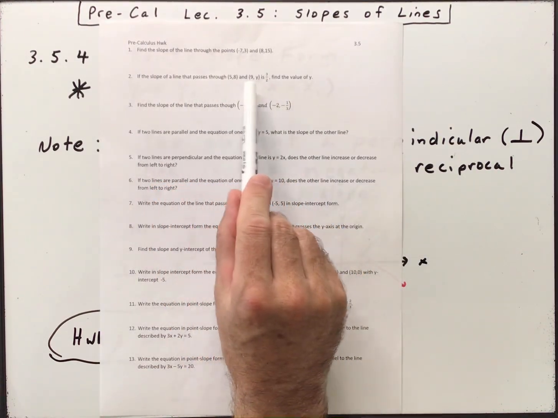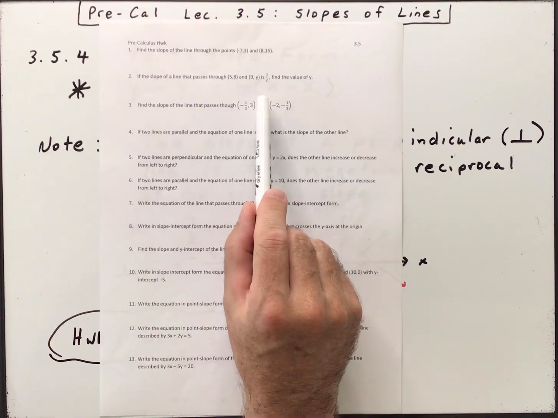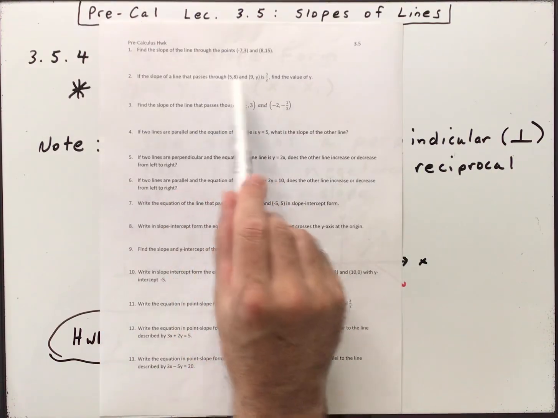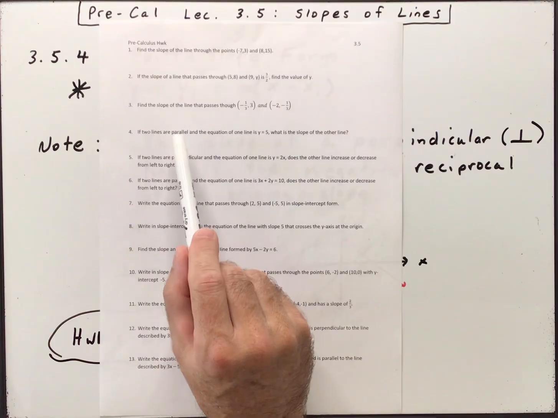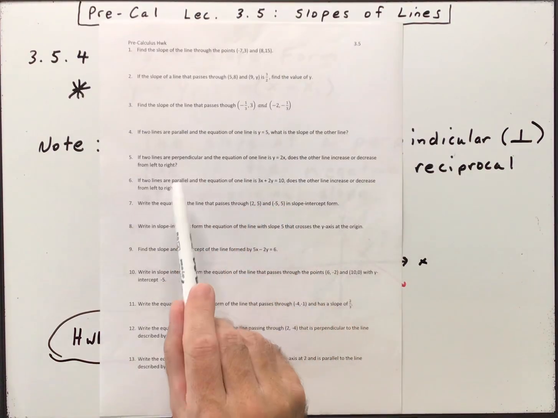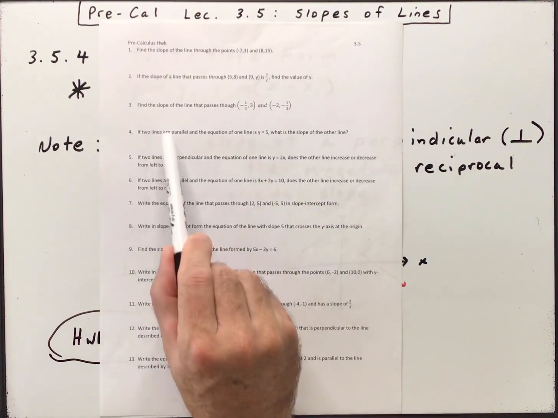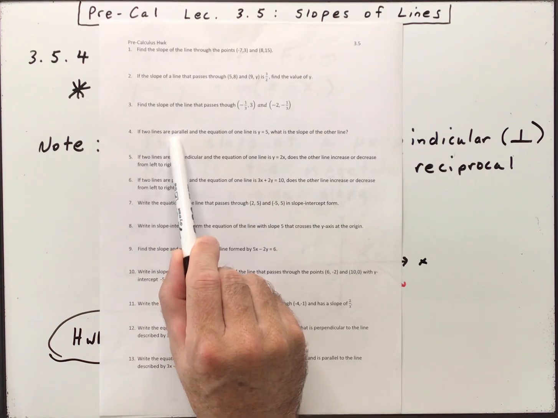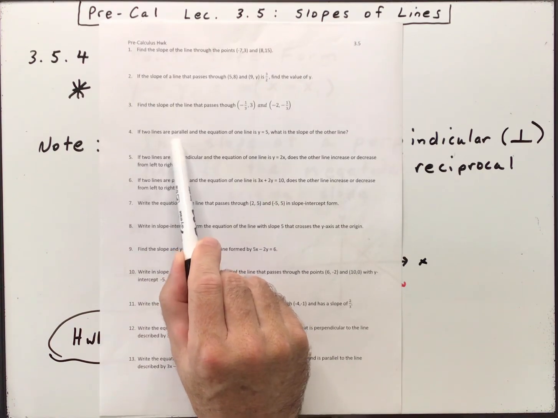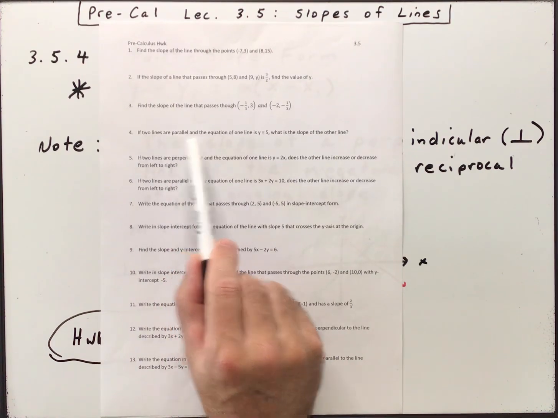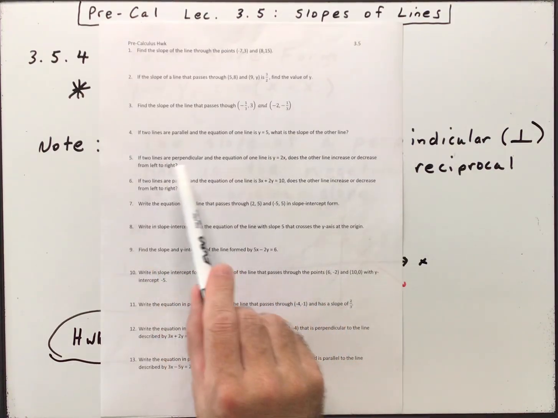It's a little bit of an algebra equation using your formula for slope. We've got one with fractions. A line that is parallel, number 4, will have the same slope. It has the same slope as the original line. I think I just gave you the answer on that pretty much.